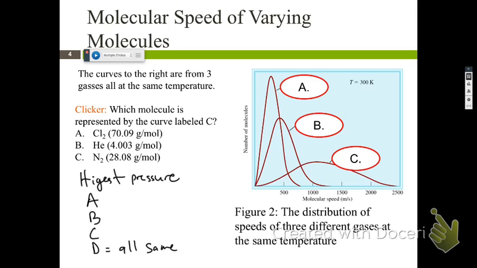All right, clickers are open. All right, we're split almost right down the middle.